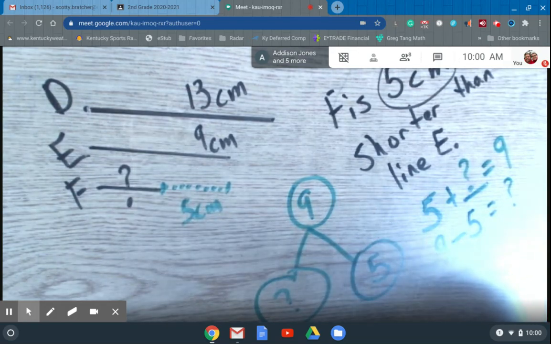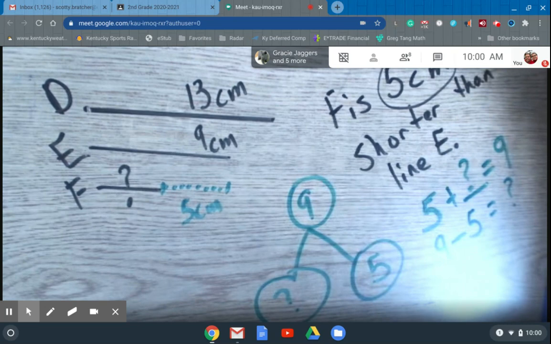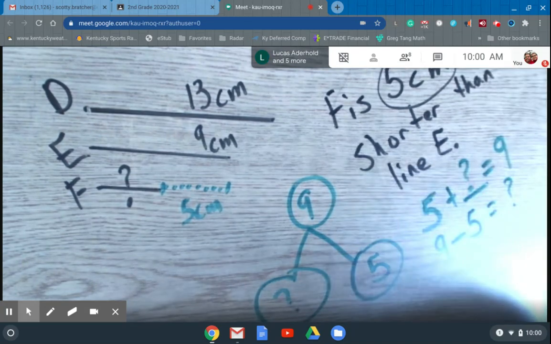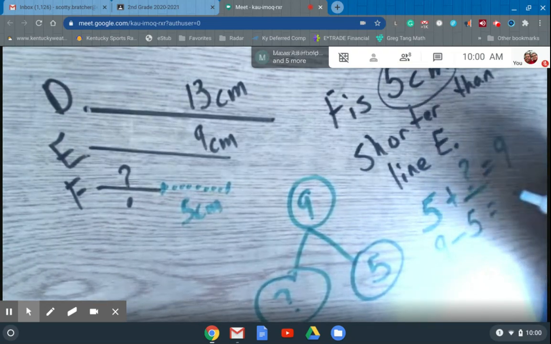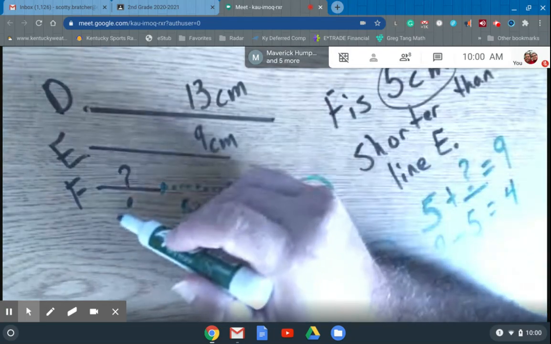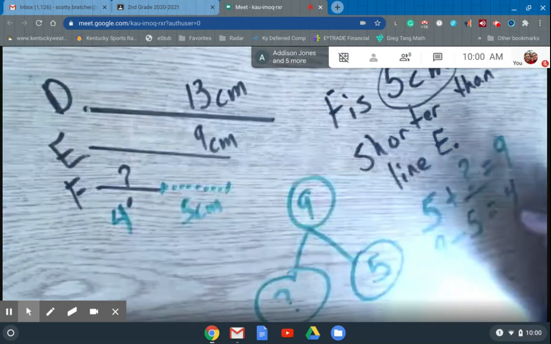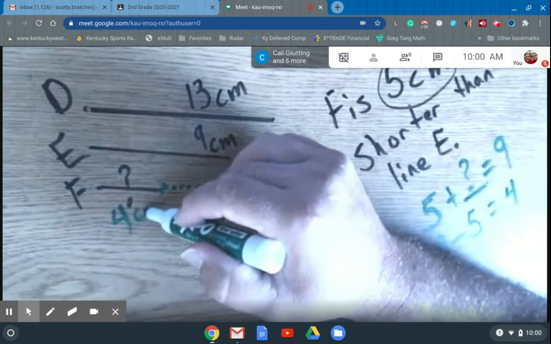So Jaden, if I've got 9 and I take 5 away from it, what do I have left? 4. All right. So I'm going to erase this and say 4. This should be 4, because this was the question mark. There's the question mark. And our unit of measurement is centimeters.